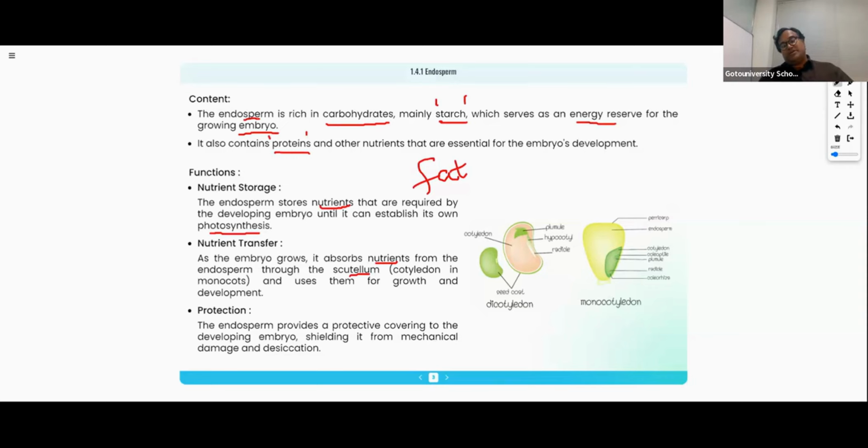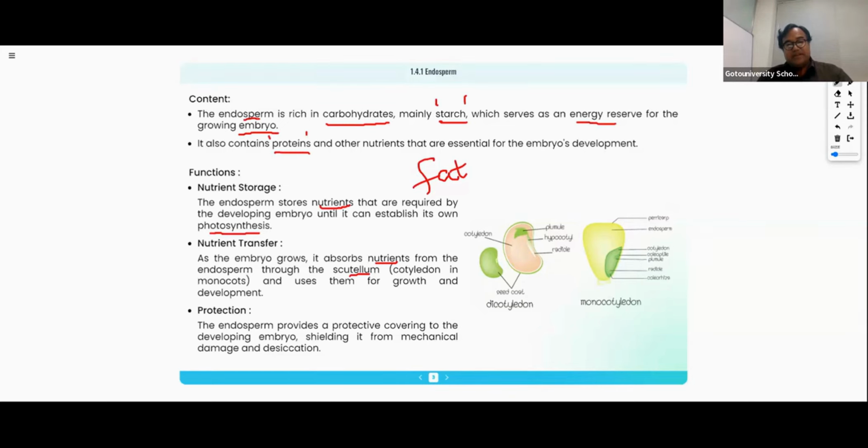Either you say monocot or monocotyledon, both are the same. It has the scutellum structure which makes the nutrient circulation happen. That means the scutellum is acting as a placenta.